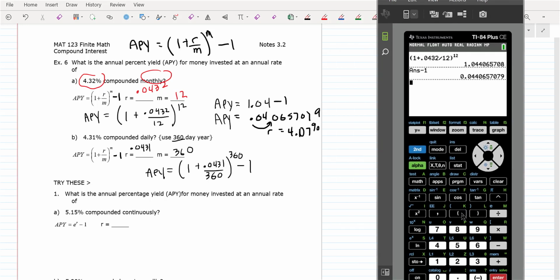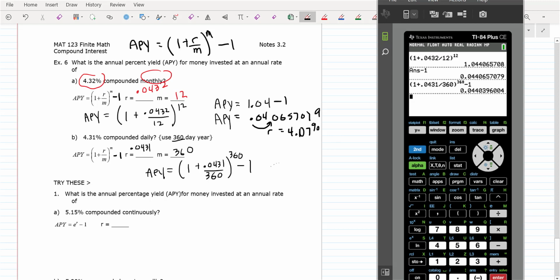So then just do one step on your calculator if you want to. You'd have 1 plus 0.0431 divided by 360, and then that would be raised to the 360. Get out of the exponent, subtract 1. That's how you do that in one step.